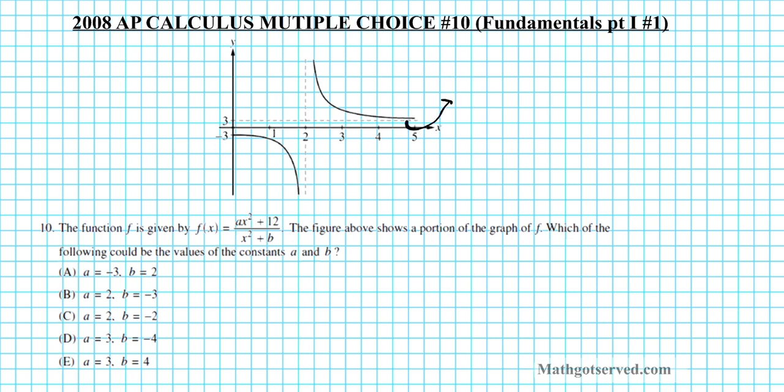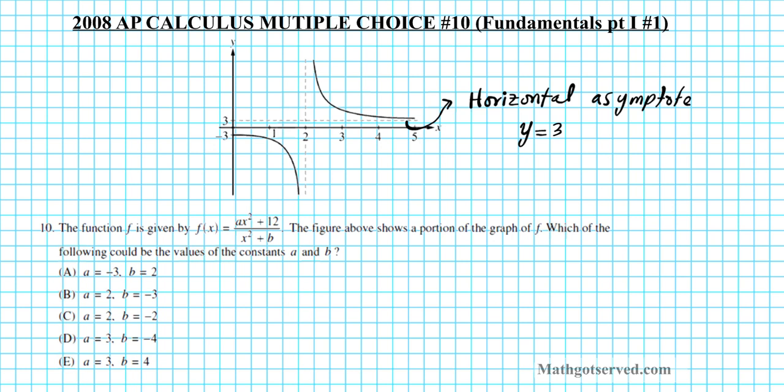This is our horizontal asymptote, and the equation is y equals. Now what you're going to do is look at where this horizontal line intersects the y-axis, and that's at 3. So it's y equals 3.